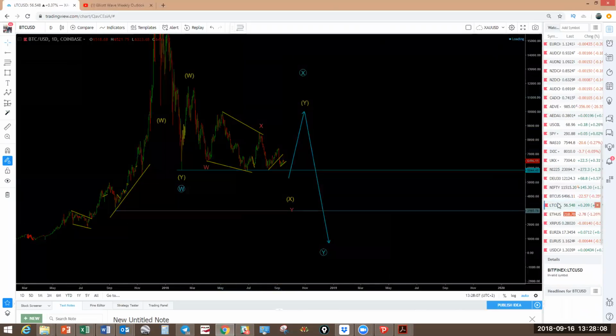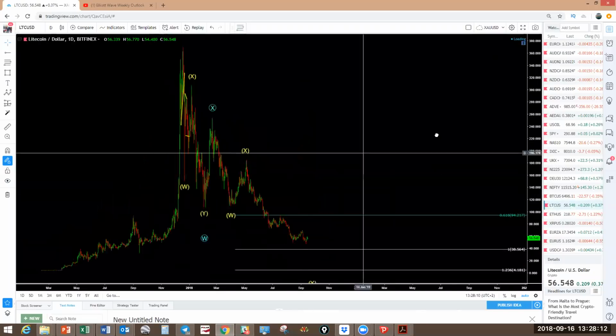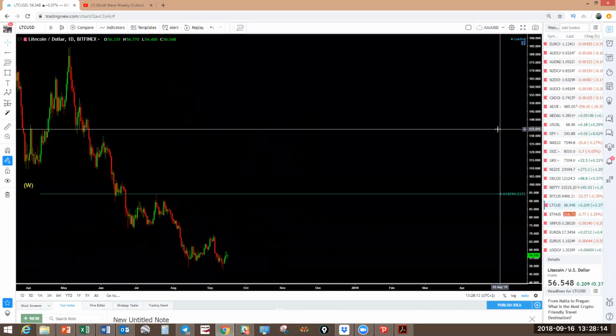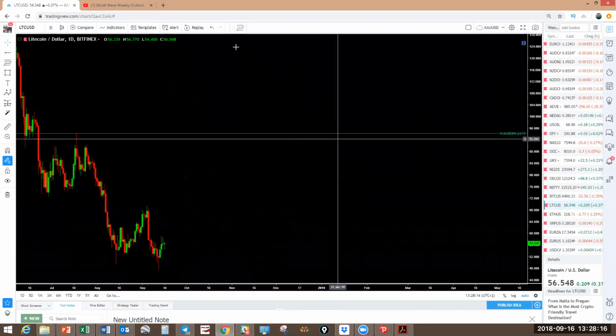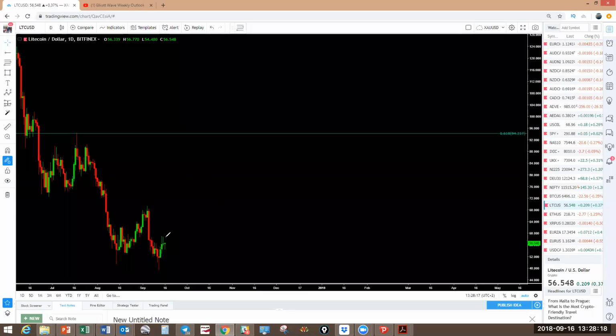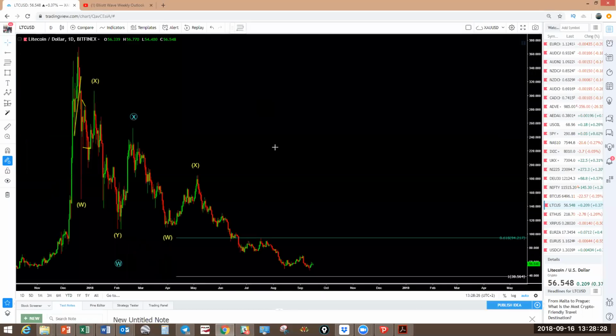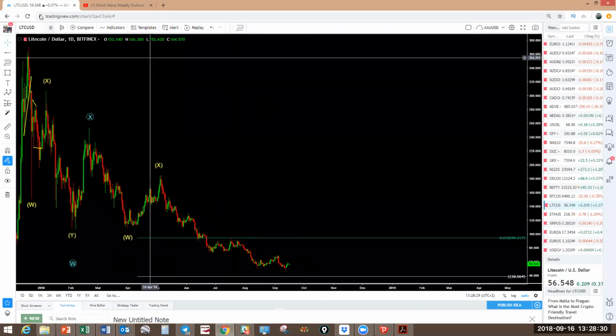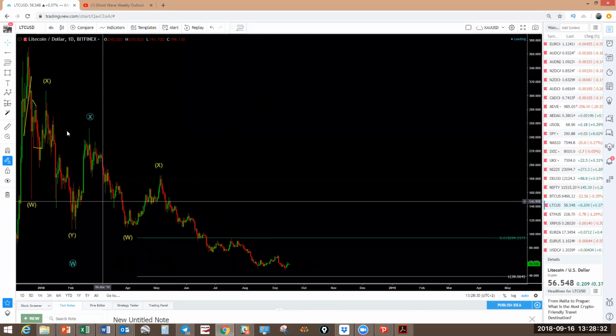Litecoin. So Litecoin, small pulsing move to the upside, which could just be retesting this level before further collapse. Easy, similar structure on the higher degree as Bitcoin. So okay, we just need to go to the lower time frame and see.